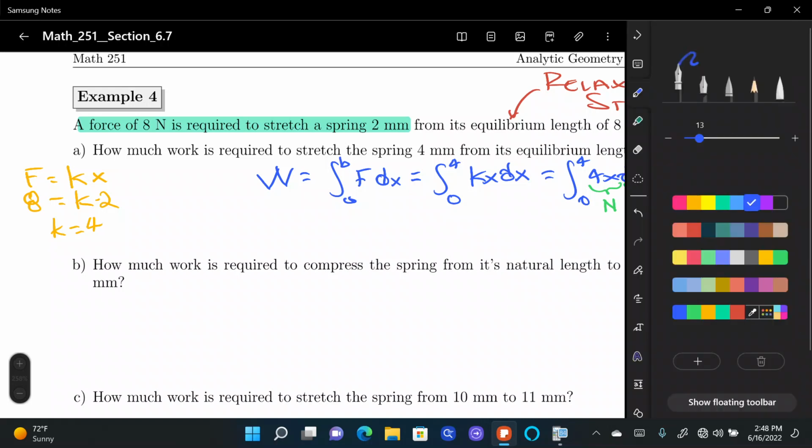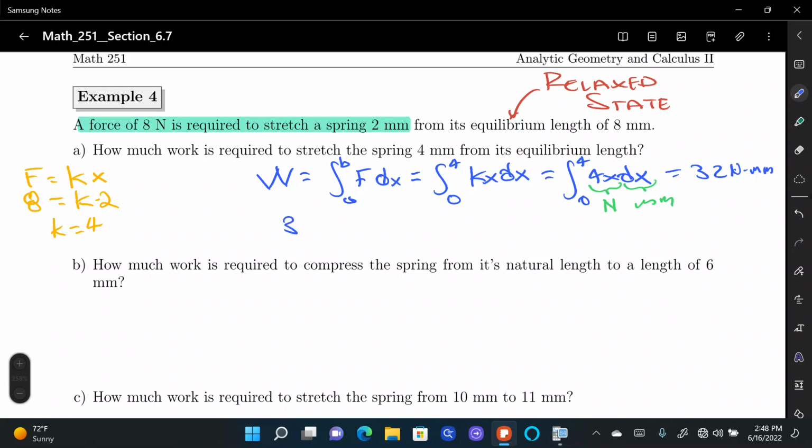Very much like in chemistry, when you do stoichiometry, you want to cancel the millimeters. You want meters, and 1 meter is how many millimeters? Well, not meters, let me actually do centimeters instead. I think for short springs, centimeters make more sense.